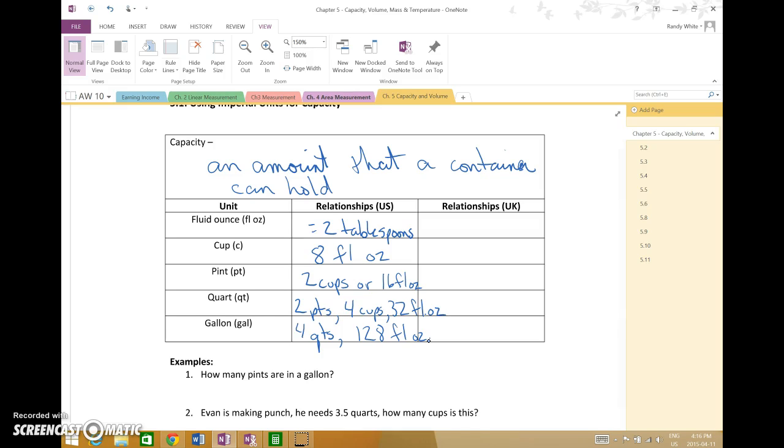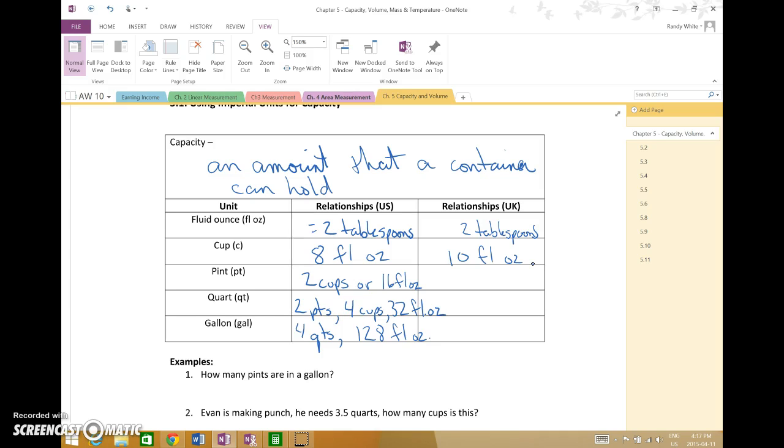A fluid ounce is still the same with the UK. It's still 2 tablespoons. However, a cup is 10 fluid ounces. So their cups are a little bit larger than ours. So if you're doing recipes online, you want to make sure that you've got the US measurements as opposed to the UK measurements.